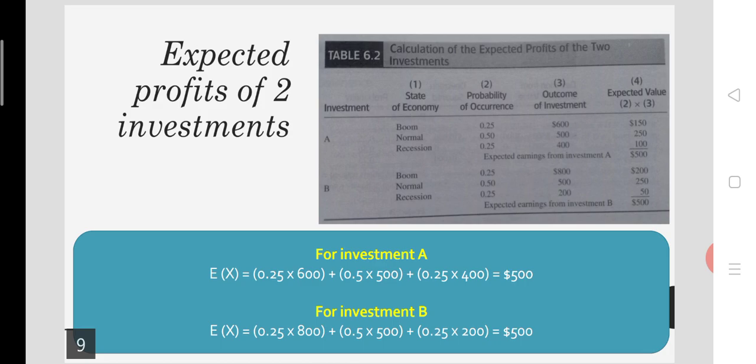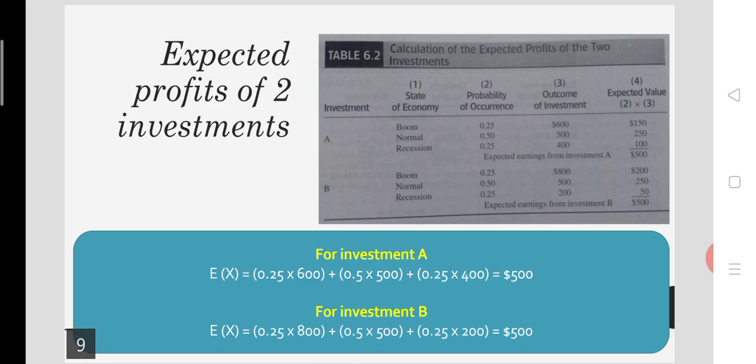If an investor is investing in investment project A, when the economy is in a boom period, then he will get $600 worth of income from his investment. This is the outcome from investment A if the economy is in a boom period.